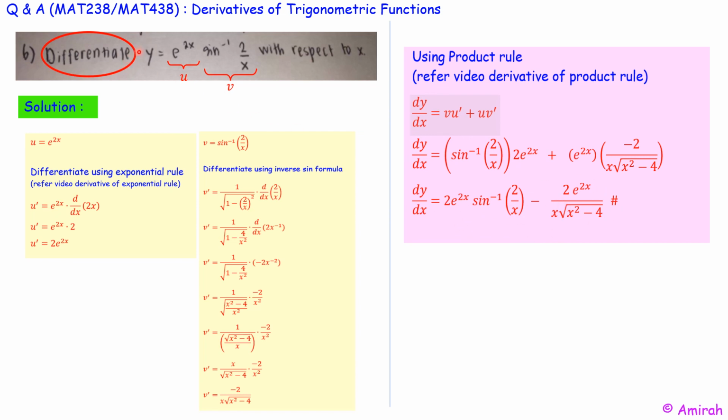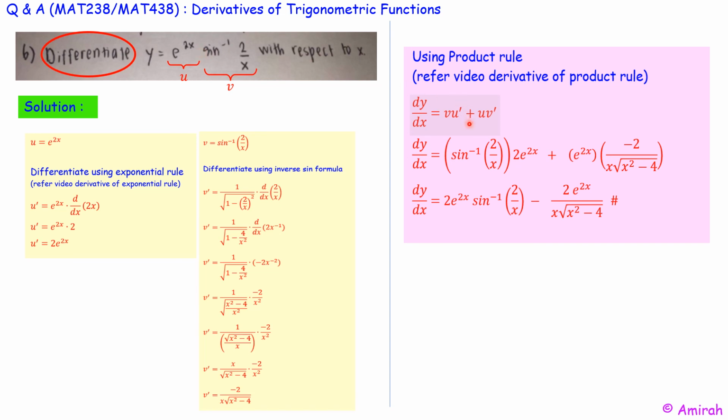Ya, bila kita differentiate y equals to e to the power of 2x times inverse sine 2 over x. Okay, kita cari satu persatu u prime, v prime. Lepas tu kita masukkan dalam product rule formula. Kenapa pakai product rule formula? Because this is multiplication function. Okay, antara dua ni hubungan dia darab.